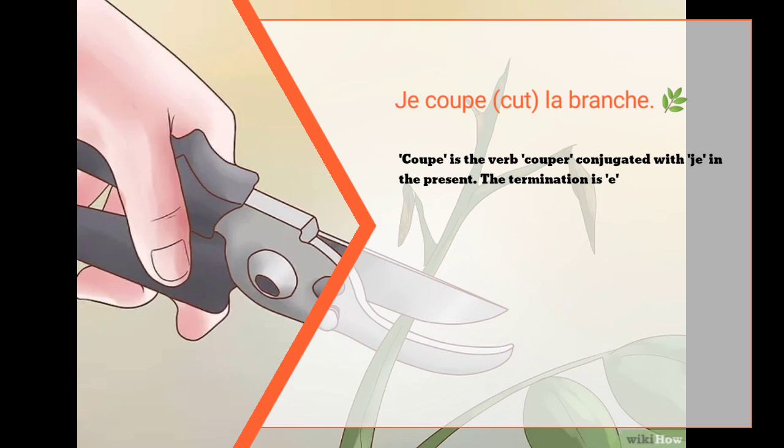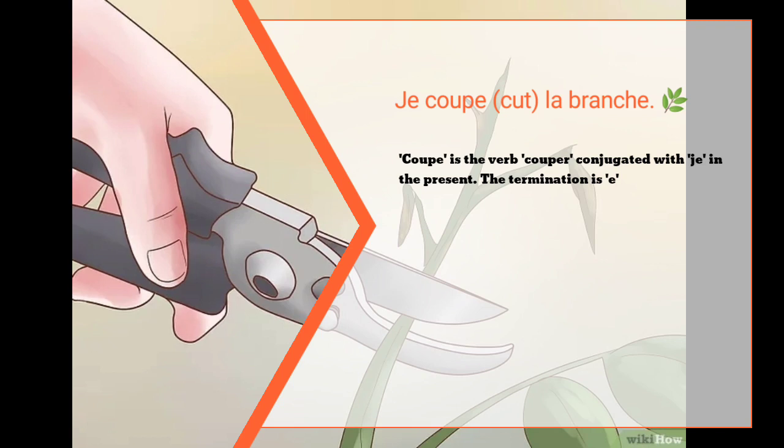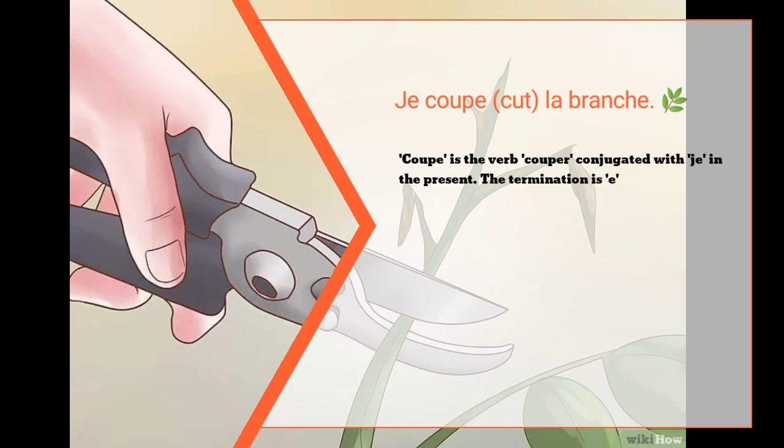Couper is a verb from the first group because in the infinitive it ends with er.